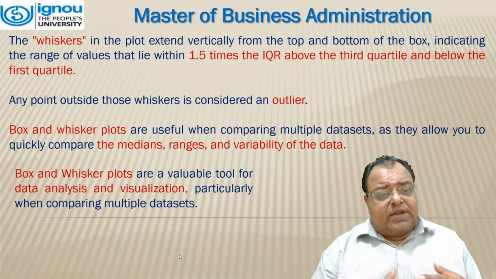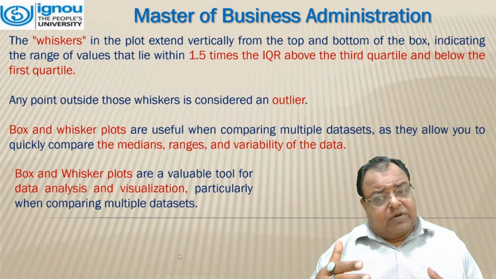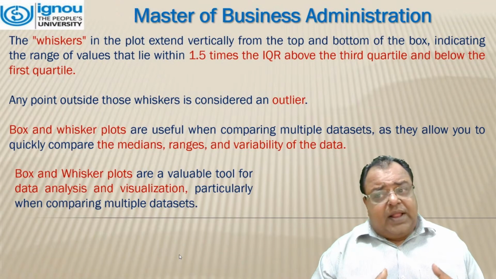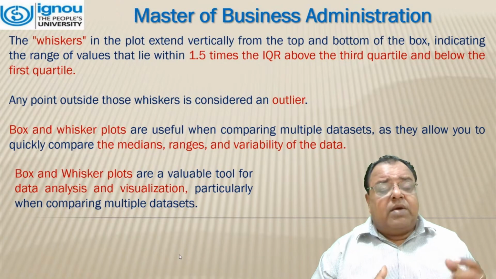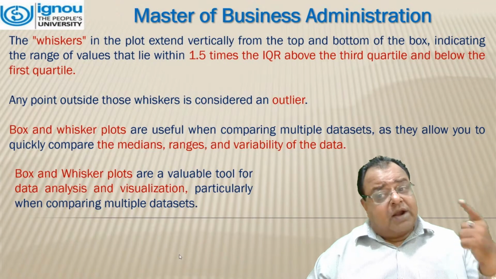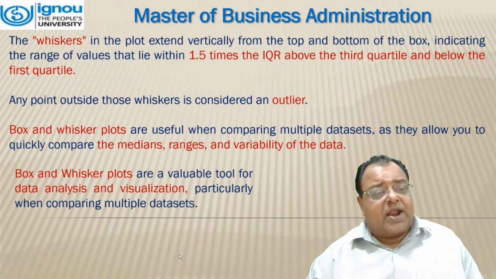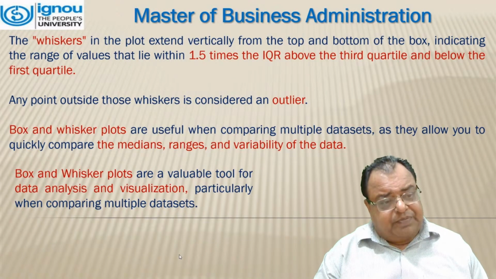The whiskers in the plot extend vertically from the top and bottom of the box, indicating the range of values that lie within 1.5 times the IQR, above the third quartile and below the first quartile. Any point outside those whiskers is considered an outlier.